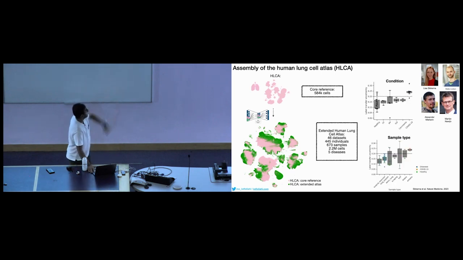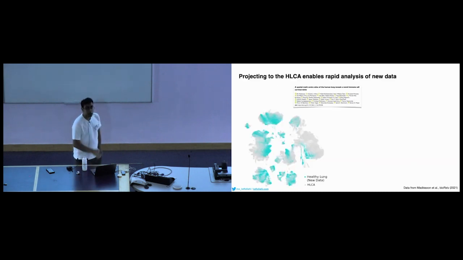You can see the distribution of samples, with multiple diseases like carcinoma, IPF, and COVID-19, and a representation of the core reference where they started and how they iteratively updated this reference atlas.